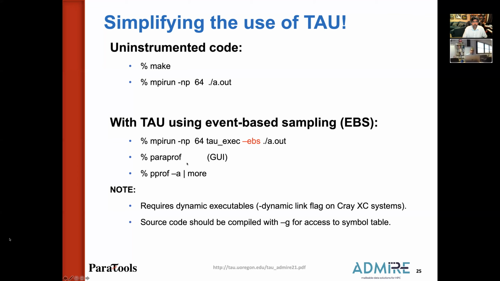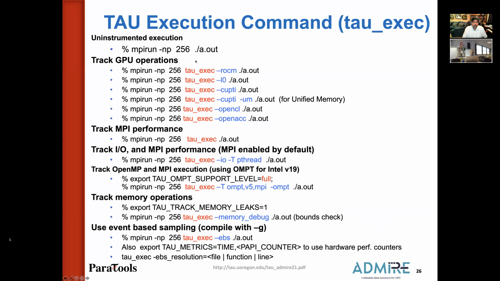Now you've already had some experience with using ParaProf on the demo.ppk file. This is how you would run your program with Tau. If you were using a GPU, instead of running your application with just mpirun, you would say tau_exec with some flag to enable that particular GPU runtime.